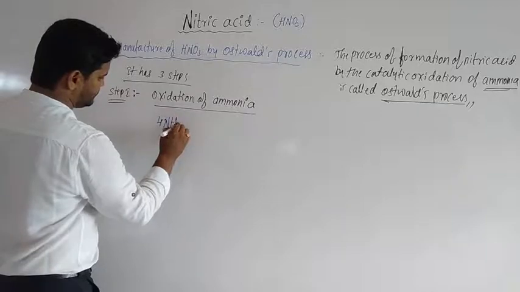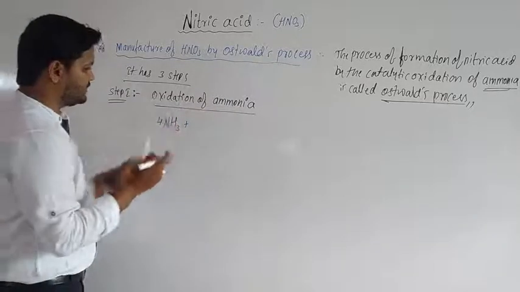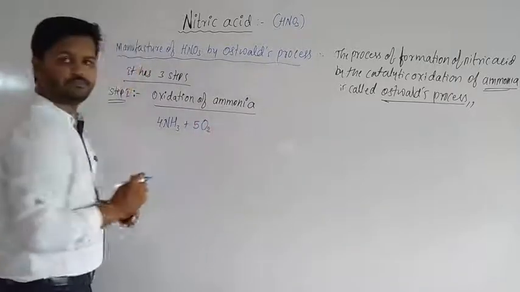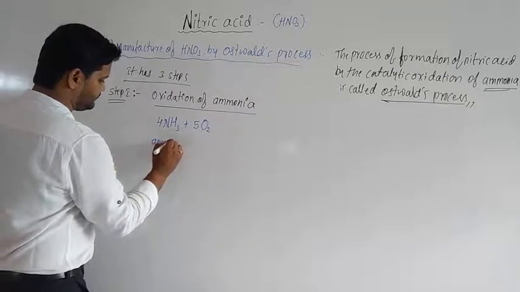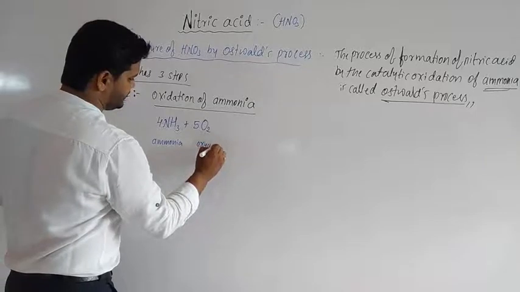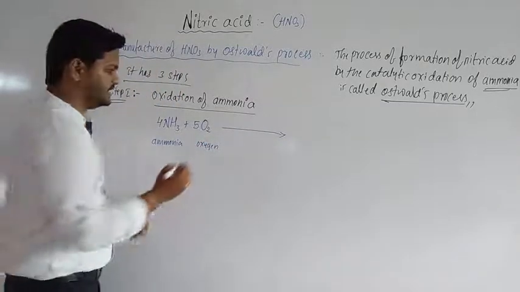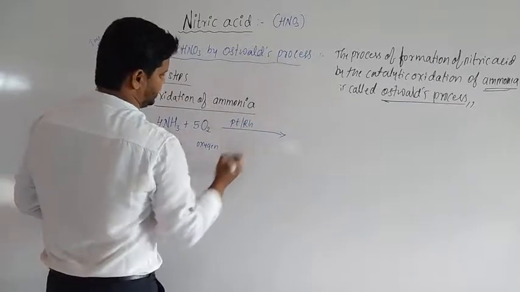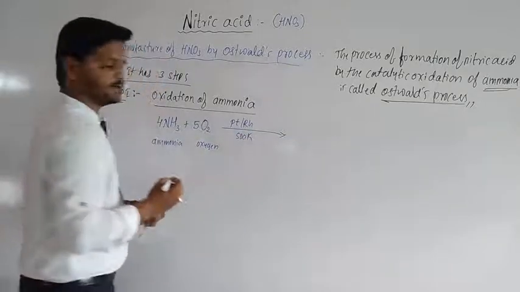4NH3 plus, oxidation of ammonia means we should provide oxygen, 5O2. 4NH3, that is ammonia, 5O2, this is oxygen molecules, which forms nitric oxide in the presence of platinum catalyst or rhodium catalyst at 500 Kelvin temperature.